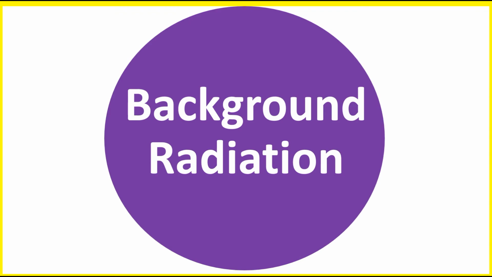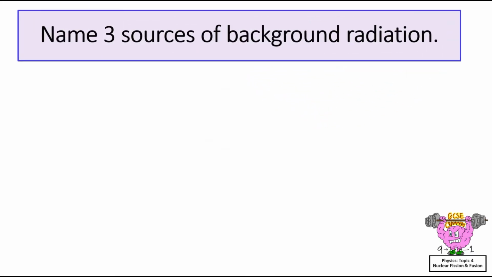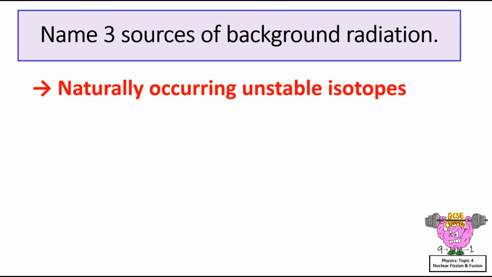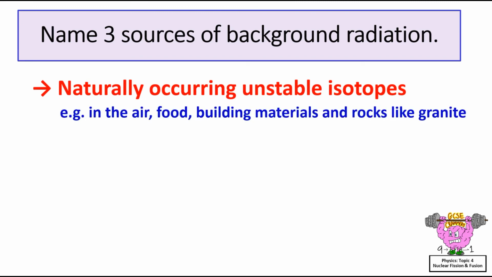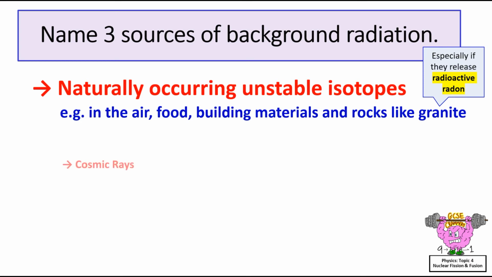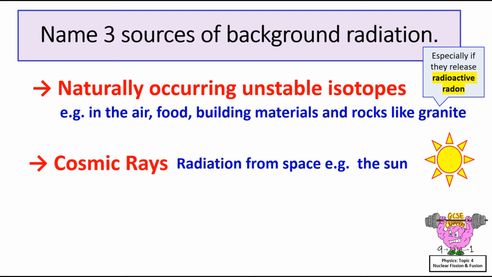Background radiation. Name 3 sources of background radiation. Naturally occurring unstable isotopes, for example in the air, food, building materials and rocks like granite, especially if they release radioactive radon. Cosmic rays are radiation from space, for example the sun.